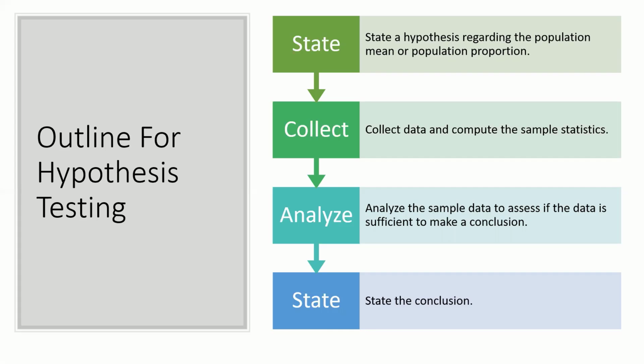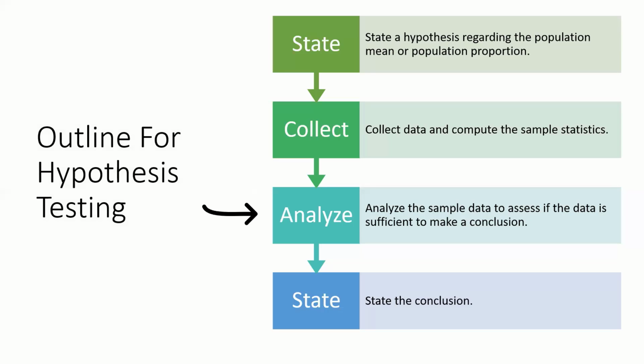We're going to collect data and compute the sample statistics, sample mean or sample proportion, sample size, things like that. We're going to analyze the sample data to assess if the data is sufficient to make a conclusion. And then we're going to state the conclusion. We're going to start with step 3, how to analyze the sample data.